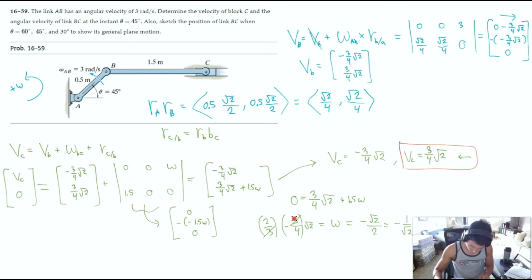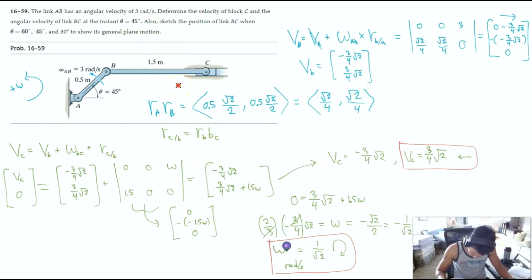So omega is equal to 1 over root 2, but it's going in the counter, I mean, it's going in the clockwise direction, and this is in rad/s. Again, it's just about stating your orientation. And also, real quick, let's not just write omega, let's write what type of omega it is. It's omega BC. Okay, there we go.